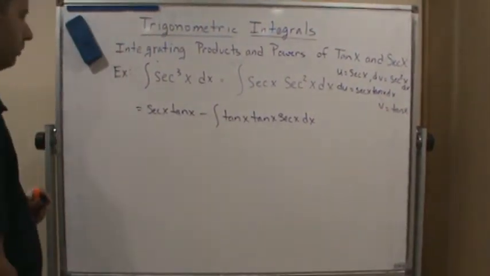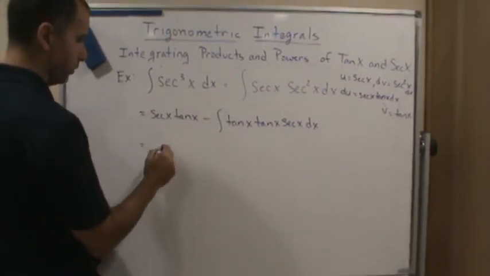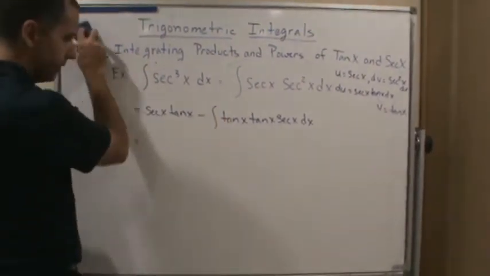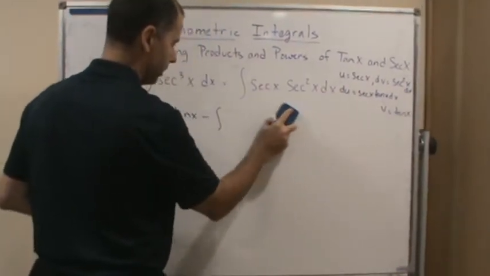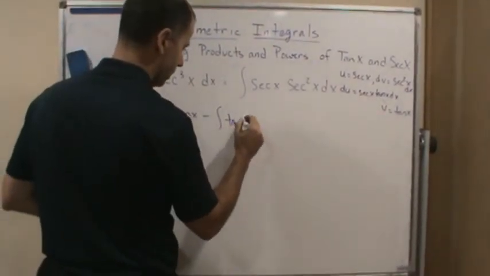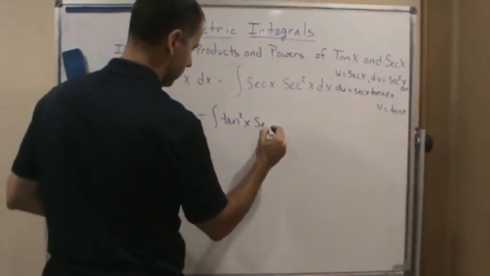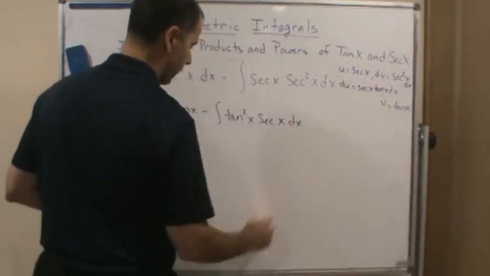So now I'm going to rewrite this, right? So this gives us what? Tangent squared x secant x dx.